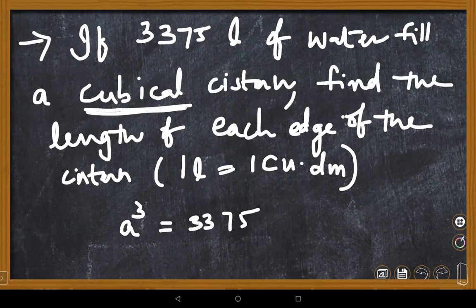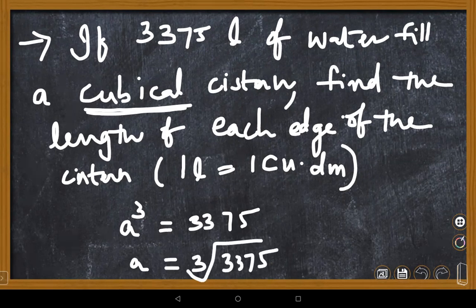What is a? It is nothing but the cube root of 3375. Come on, children. Who will give it quickly? Is it 15 cube or 25 cube? Please check quickly and give me the answer.